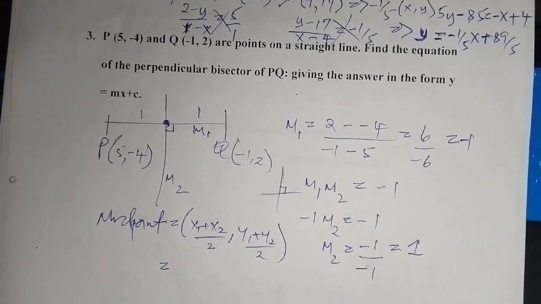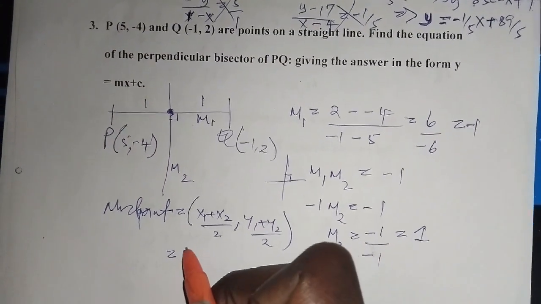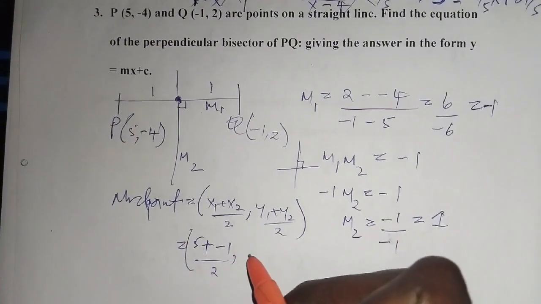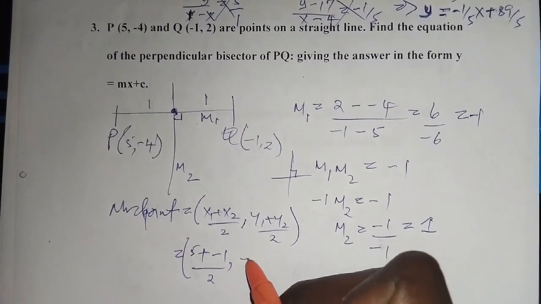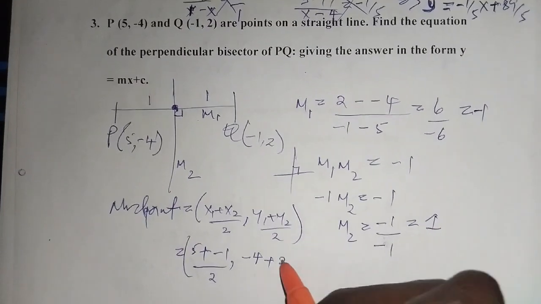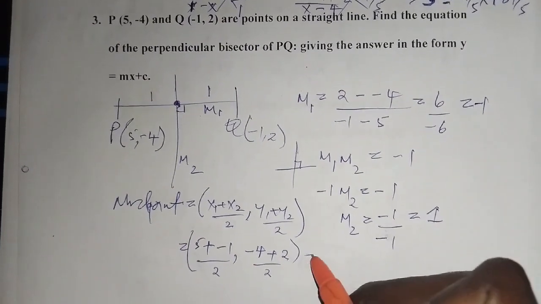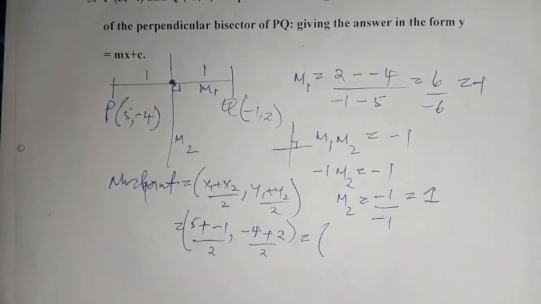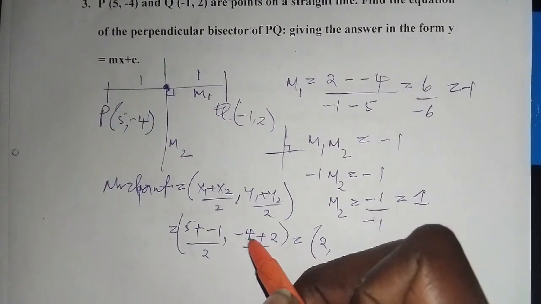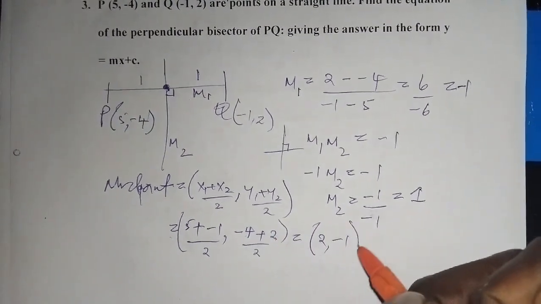For x, we have 5 plus negative 1 divided by 2. Then for y, we have negative 4 plus 2 divided by 2. So 4 divided by 2 gives 2, and negative 2 divided by 2 gives negative 1.